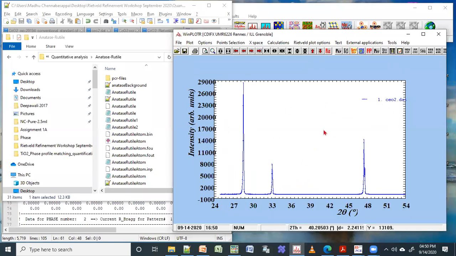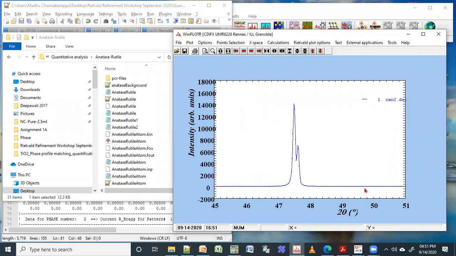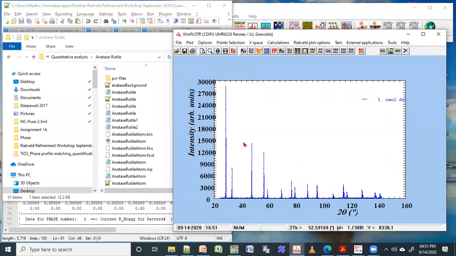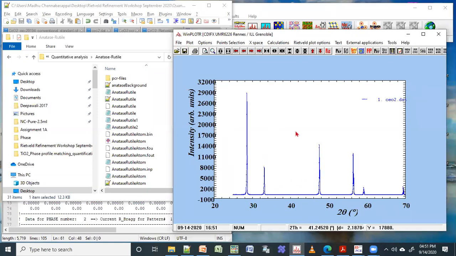Normally in a single crystal you're using a different detector. Okay. So a CCD detector you are going to use. When you have a CCD detector, it will give spots, not this kind of peaks. So normally the person who is collecting data will process the spots and convert those spots into this kind of line data. Okay.